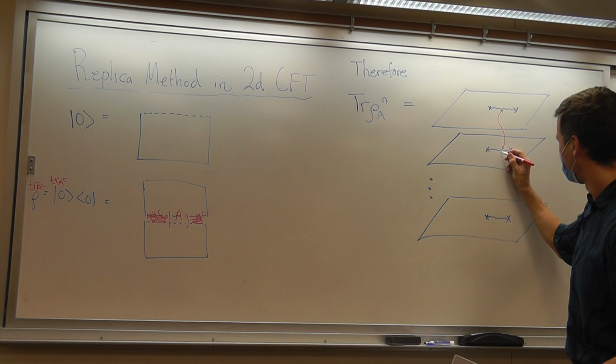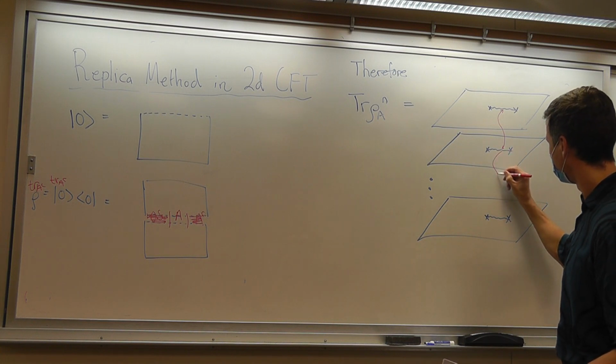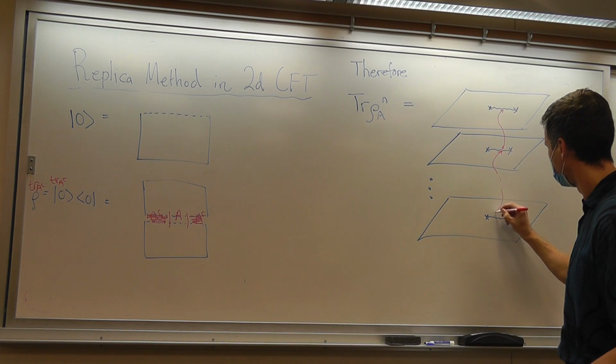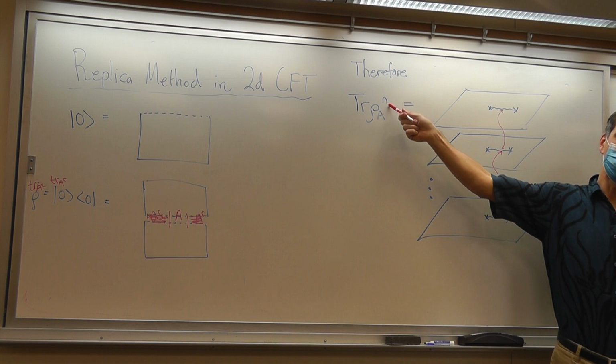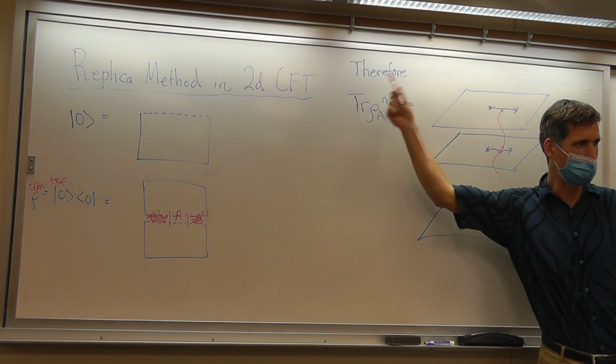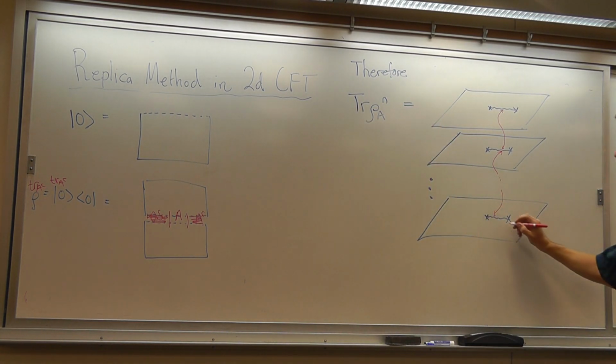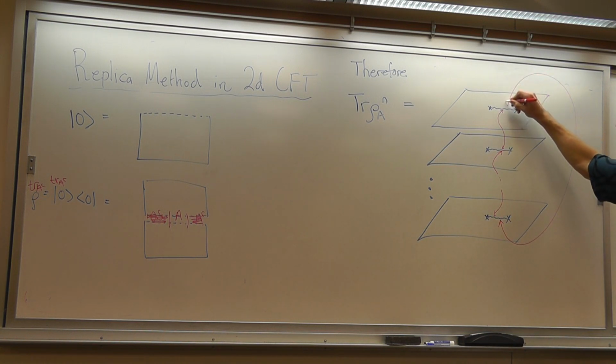The bottom of this cut gets glued to the next one, and so on. And then the fact that it's a trace means we put the same data on the left and right and sum over it. So that glues the bottom of this last one back to the top of the first one.